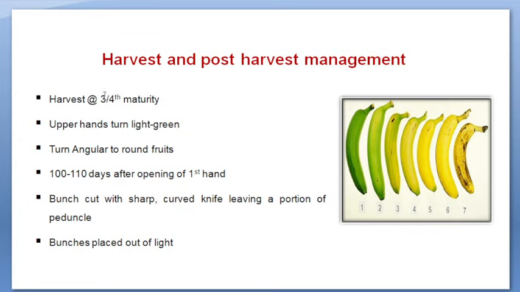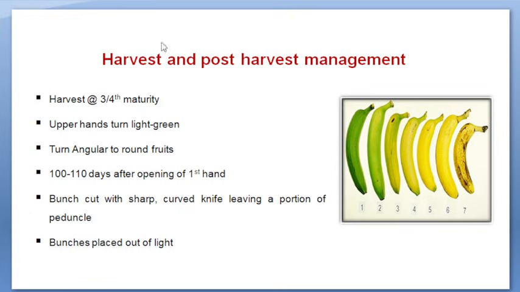When 3/4 of the fruit is mature, during that time we can harvest. Or if in a bunch the upper portion of the hand is showing color, that is also an indication. Disappearance of angularity is one important harvesting or maturity index. Then 100 to 110 days after planting, that is degree days.